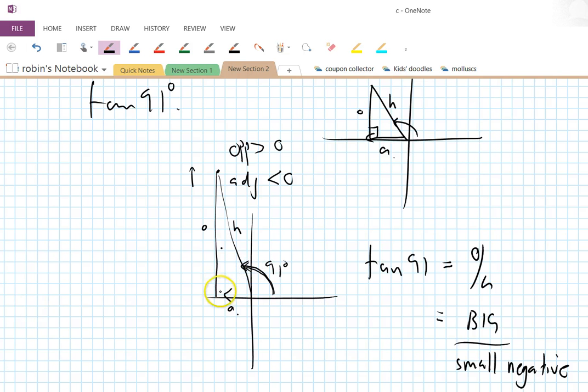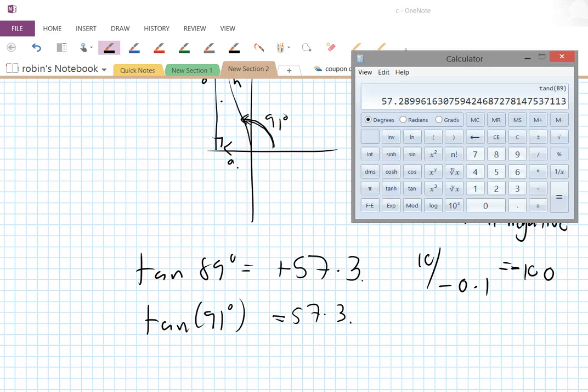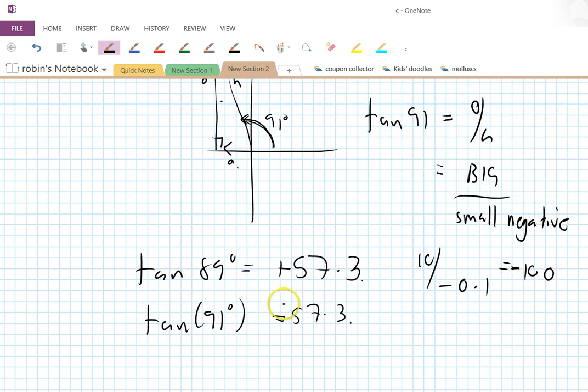Let's see if the calculator agrees. 91 tan is minus 57.3.